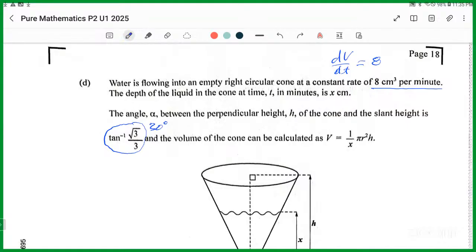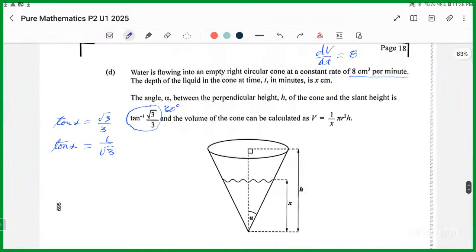So it means that tan alpha is root 3 over 3. And root 3 over 3 can be simplified as 1 over root 3, if you multiply this by root 3 over root 3; these two cancel. So the more things you know, the better. All right, so tan alpha equals 1 over root 3.